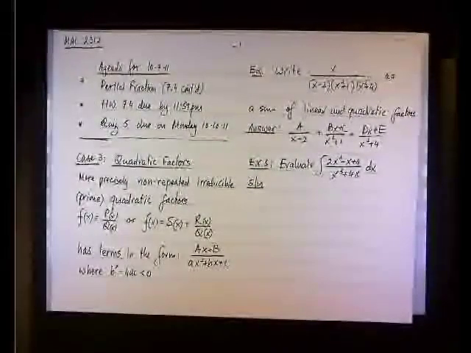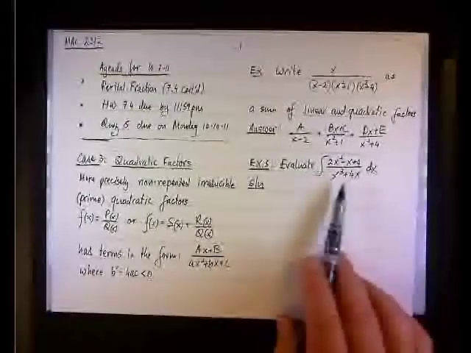Remember the 3 steps. Step 1 is to verify that the integrand is a proper rational function, and if not, use long division. Step 2, factor the denominator. Step 3, write the integrand as a sum of partial fractions.